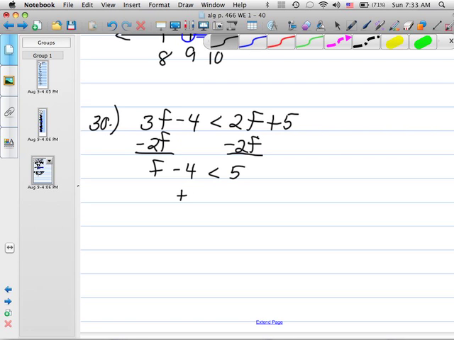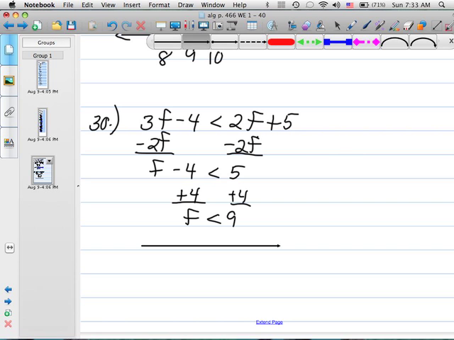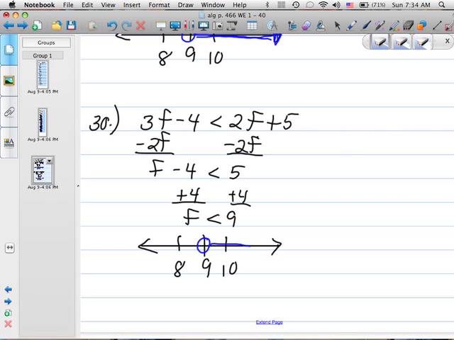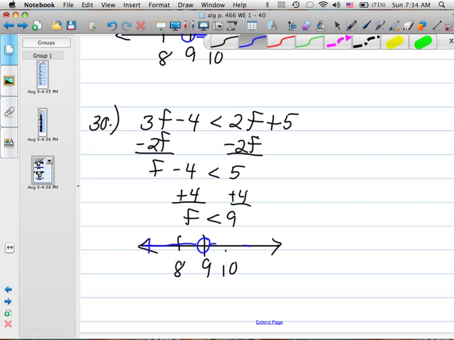Then add 4 to both sides, and we have f is less than 9. Graphing that, put down 9, a number to the left, a number to the right, and it says less than, so open circle, shaded, whoops, wrong way, shaded to the left, and solid arrow.